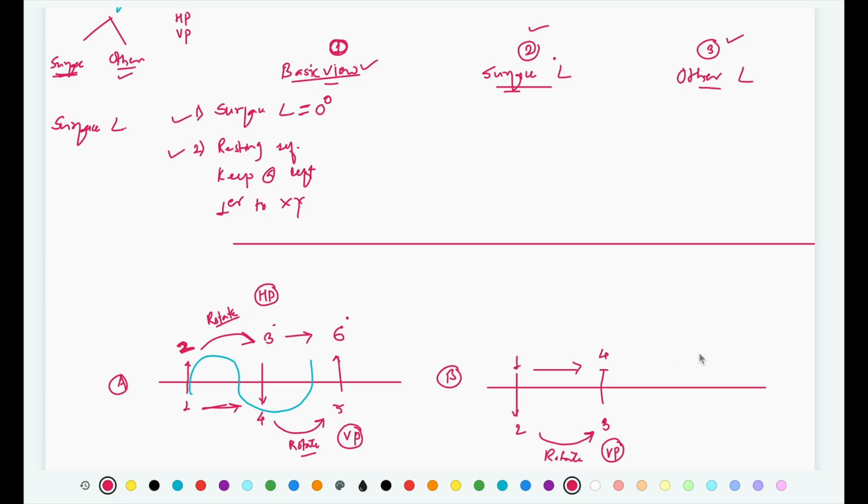Now once you have got step number 4 and you are drawing step number 5, similar to scenario 1, you will rotate this view keeping the same dimensions, and in this case the inclination that you are going to provide is going to be with HP.